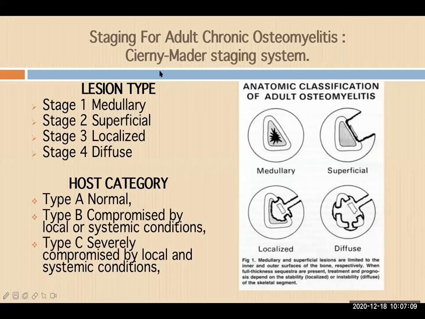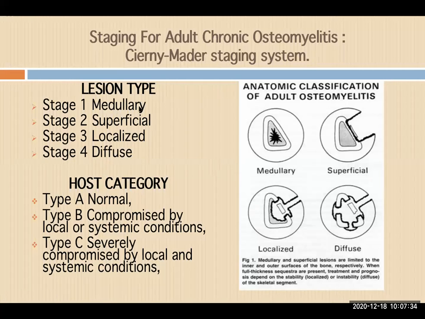Now, this is done by the Cierny-Mader staging system. This is quite easy actually. Just focus here. According to the lesion type, or according to the worst category, this staging or classification is done. Stage 1 is medullary, stage 2 is superficial, stage 3 is localized, stage 4 is diffuse.